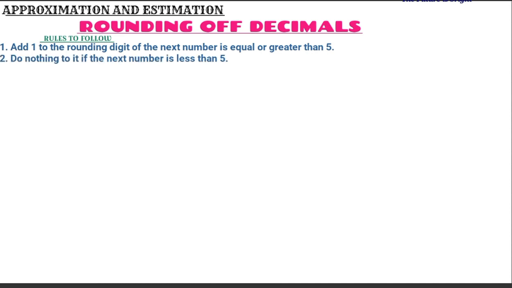The next rule is do nothing to it if the next number is less than 5. So do nothing to the rounding digit if the next number is less than 5. In other words, we are saying add 0 to the rounding digit if the number is less than 5.